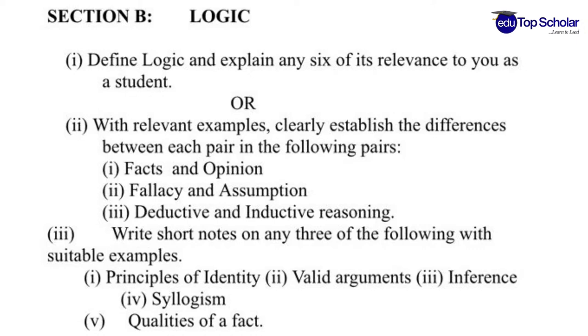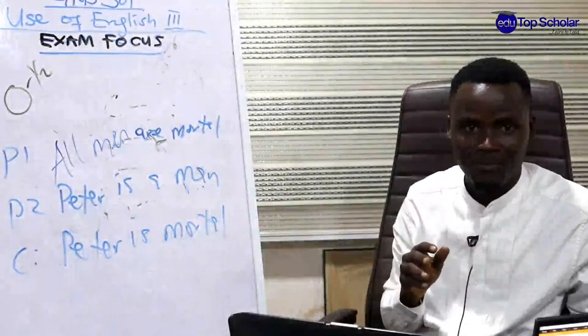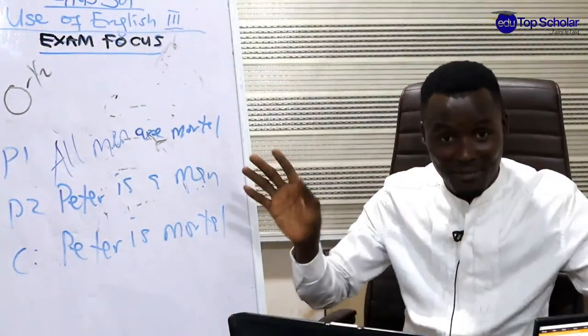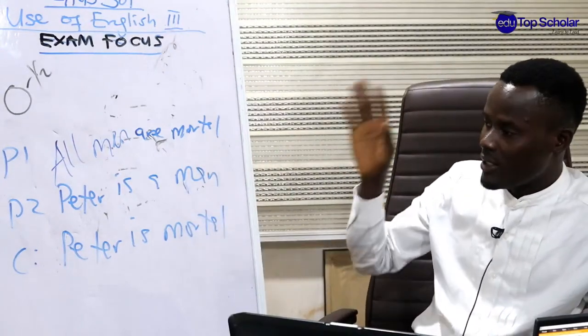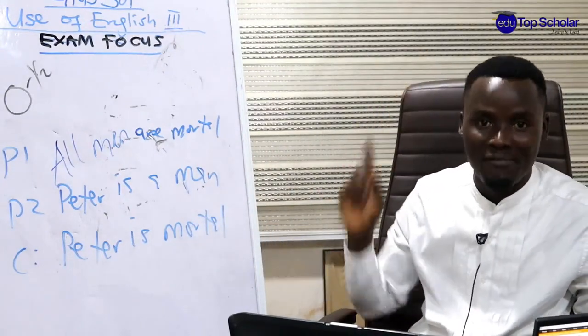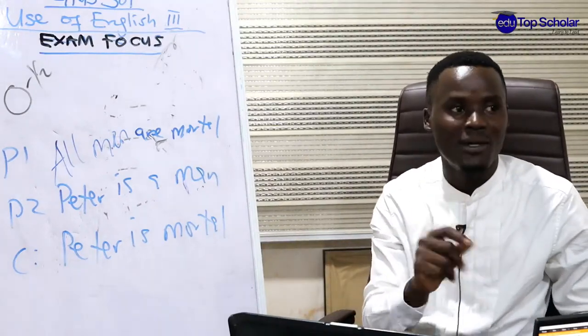I'm going to take my time to explain this aspect very well because oftentimes they will give you 5 arguments like this and tell you, in some years' past questions, to determine if each argument is valid or invalid. For some of you, this can be 15 marks, so please pay attention. How do you know if an argument is valid?